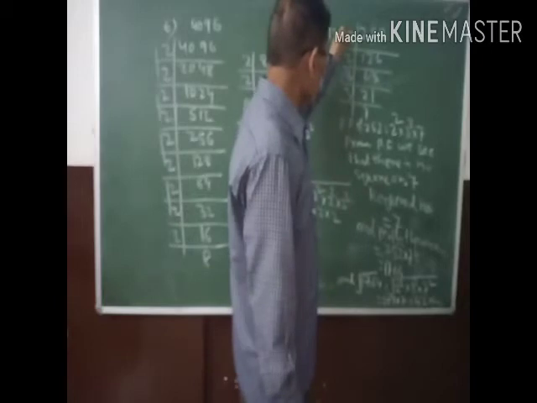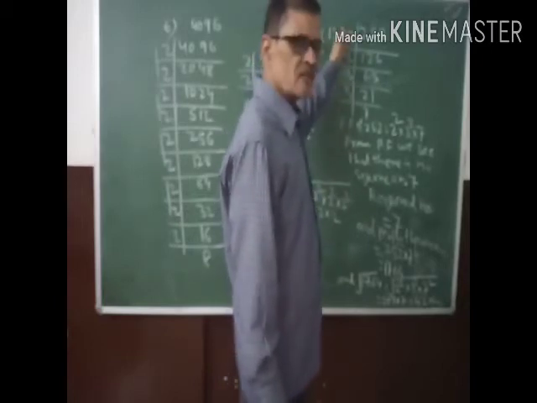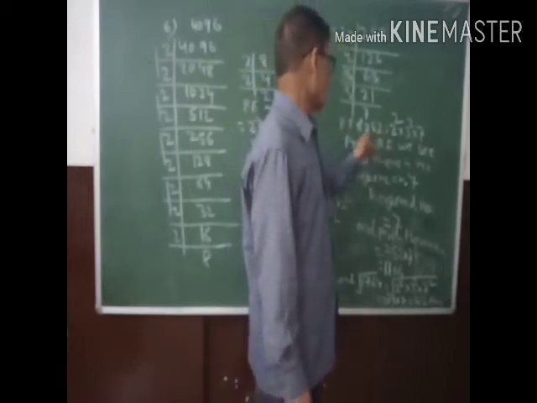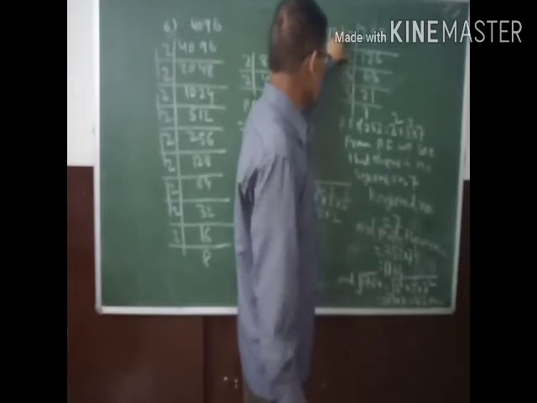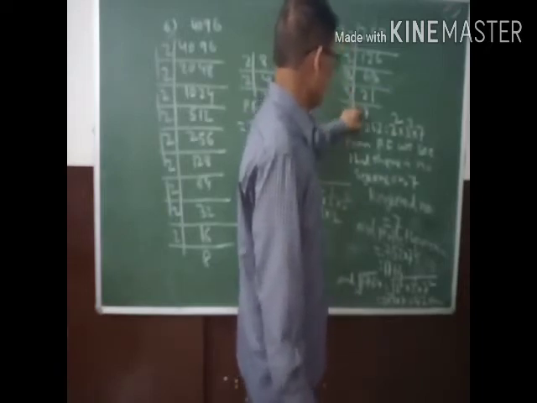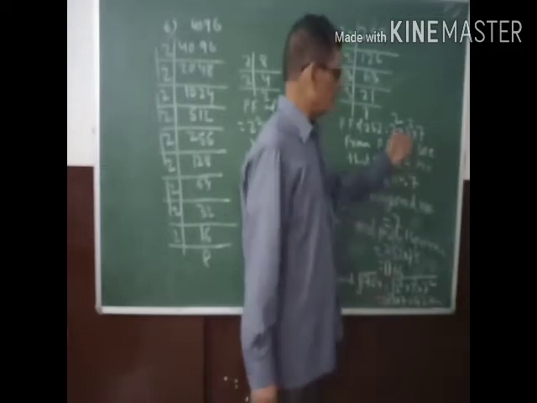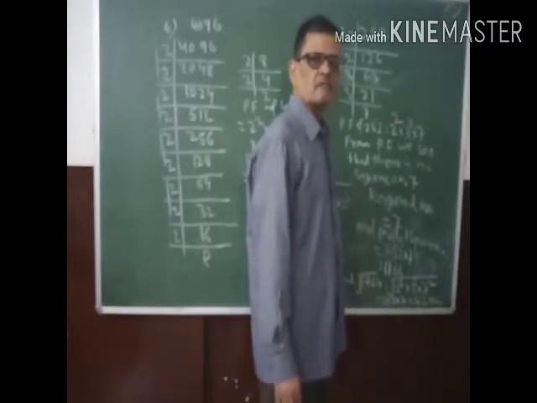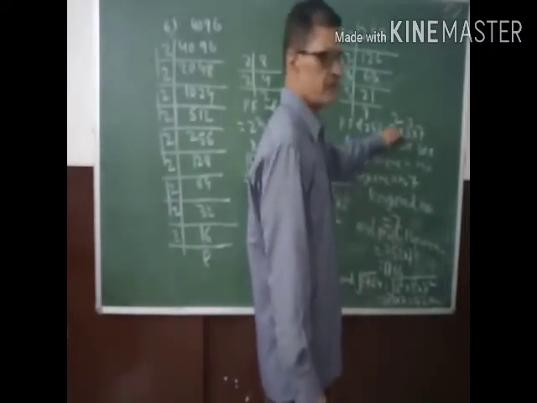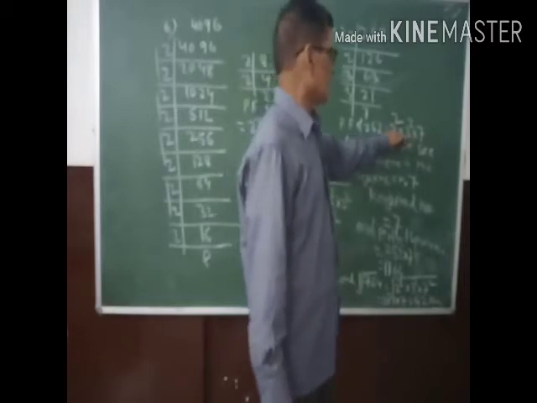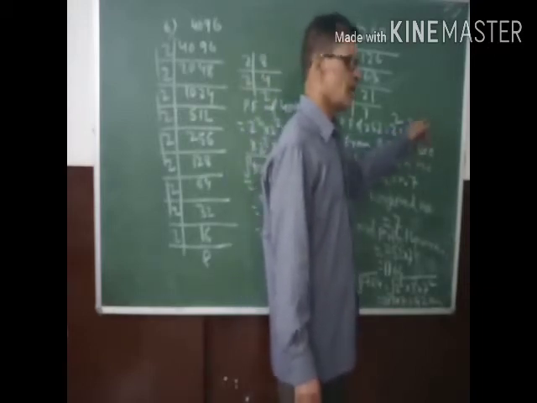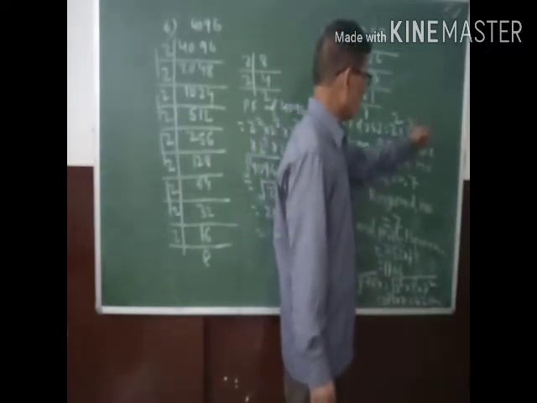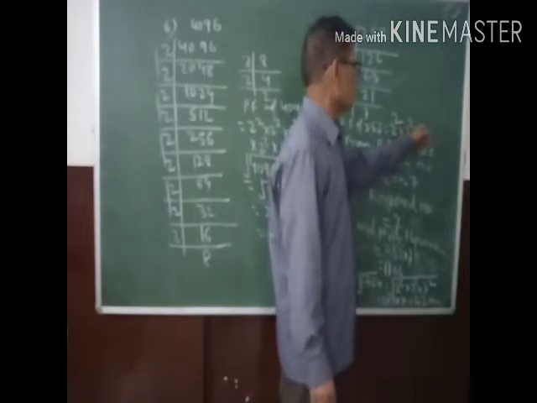So first of all, let us find its prime factorization. We have its prime factorization 2 square, 3 square into 7. You are observing that there is no square on 7, and to become a perfect square number, there must be a square on each prime factor. So how can we bring a square on 7?